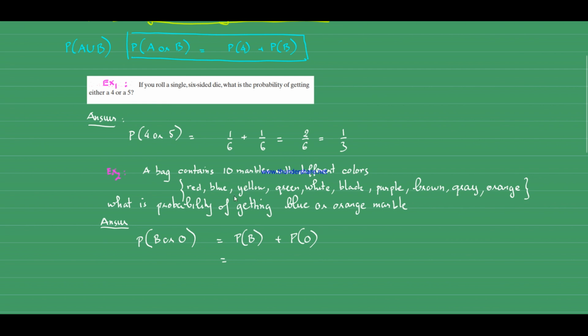You have only one blue, so 1 over 10, and another 1 over 10.